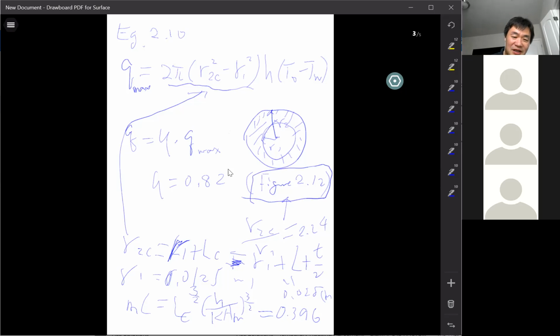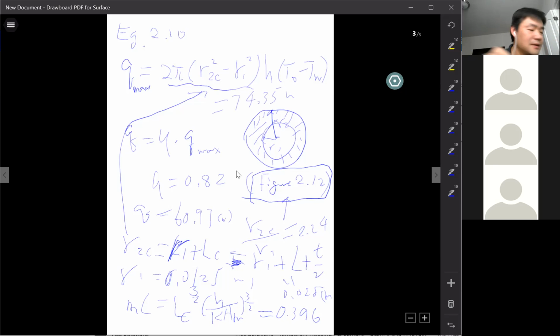So total Q for this problem is 60.97 watt. Or the maximum, I didn't write down the value. The maximum is 74.35 watt, right?